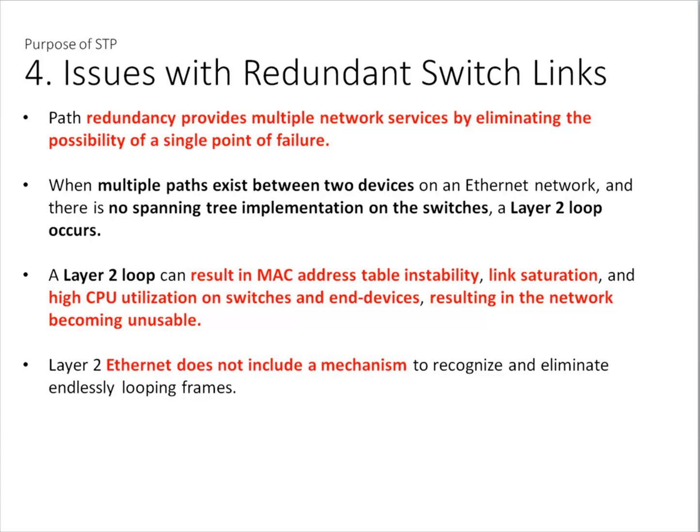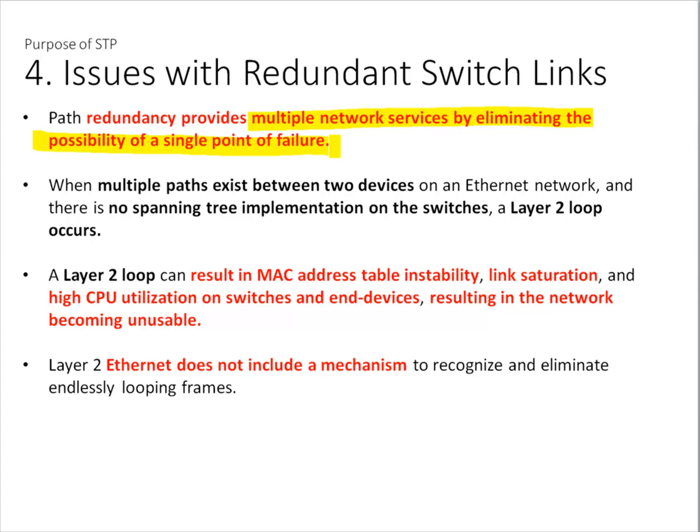Because of the path redundancy, it provides multiple network services by eliminating the possibility of a single point of failure. We already know this. If a single point fails, you need not worry about it. You can have a redundant link, that means another alternative path, and you can use the alternative path for communication.